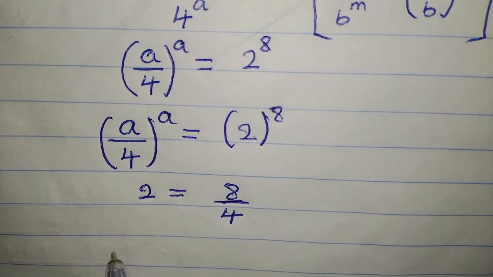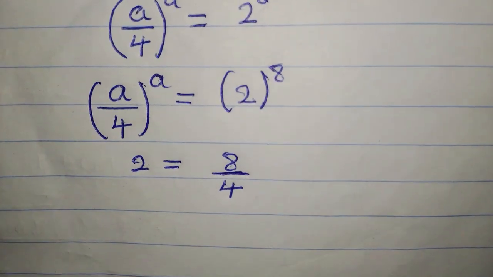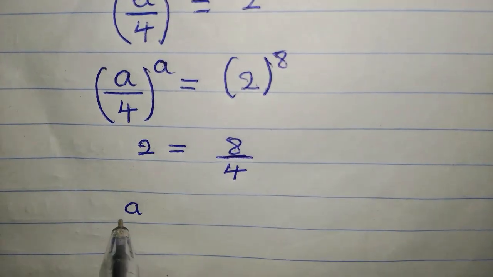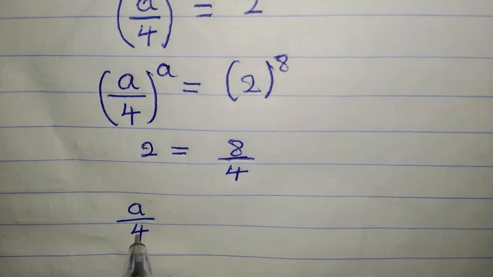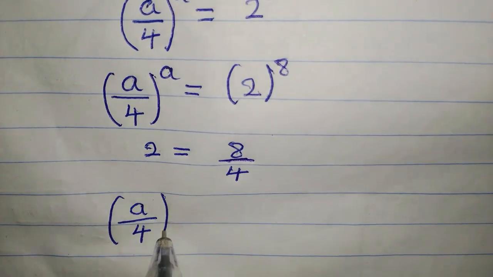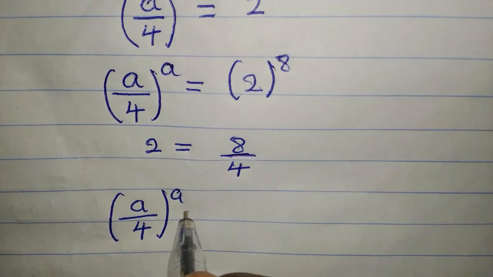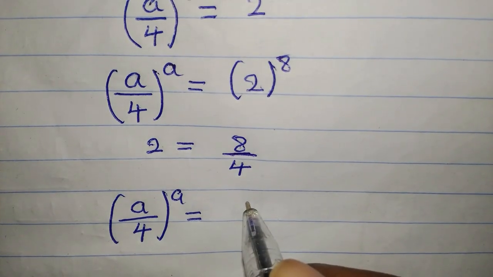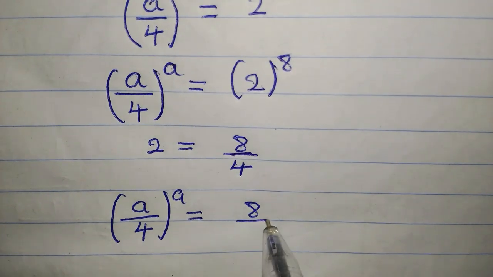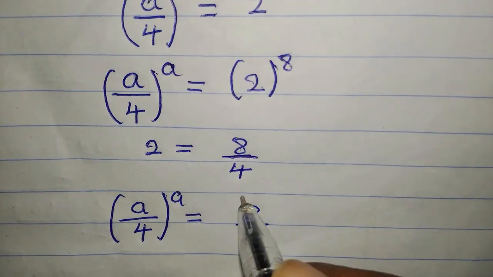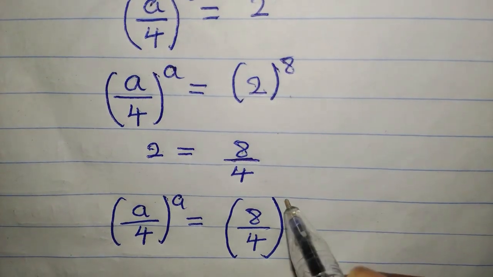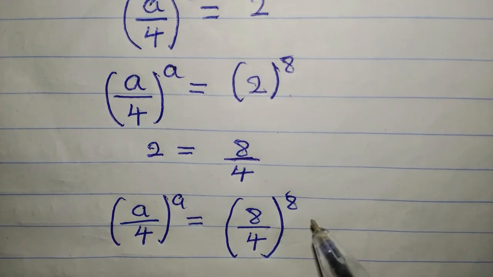So we have a over 4, all to the power of a, equals 8 divided by 4, all to the power of 8.